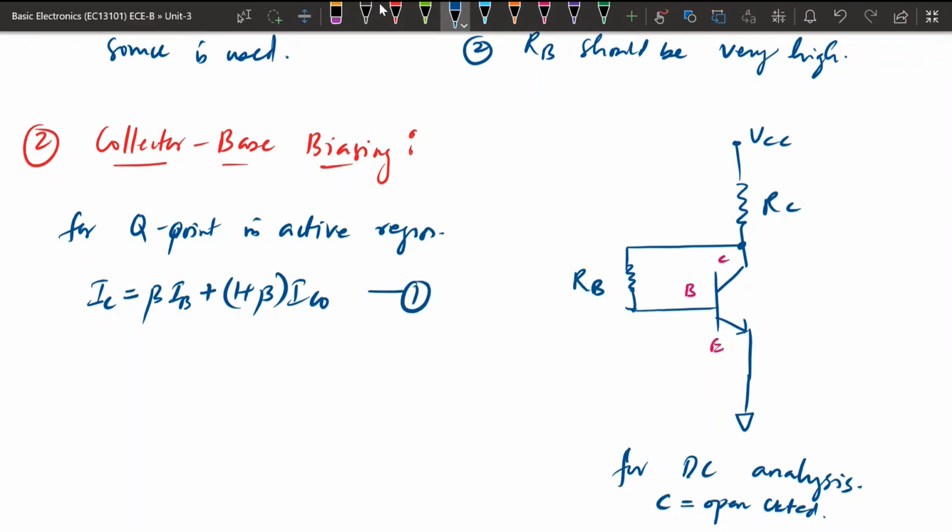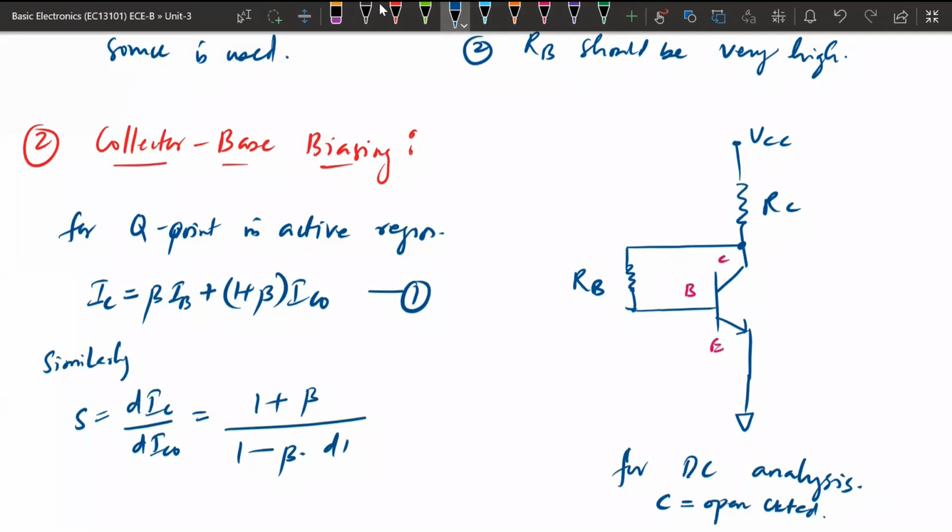Suppose this is equation 1. Similarly, to get the stability factor we need to find del IC divided by del ICO, that equals 1 plus beta over 1 minus beta times del IB divided by del IC. So this is equation number 2.